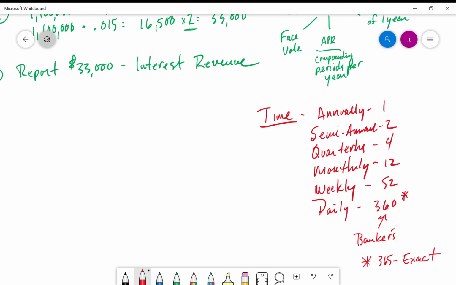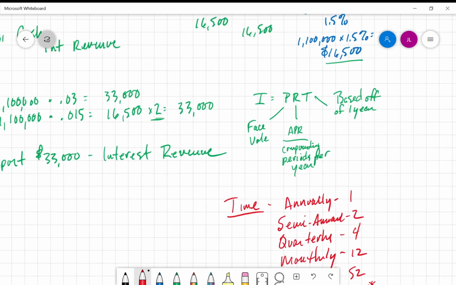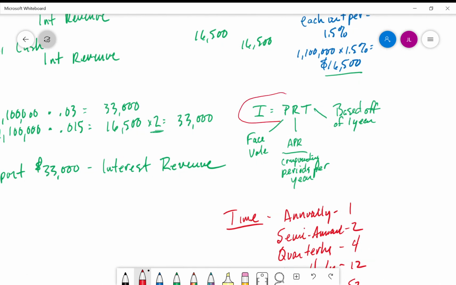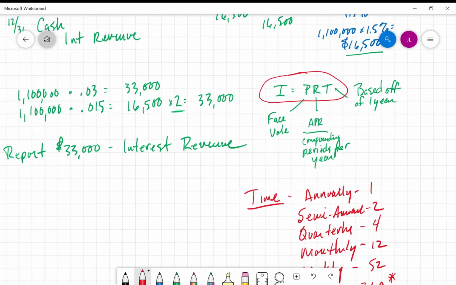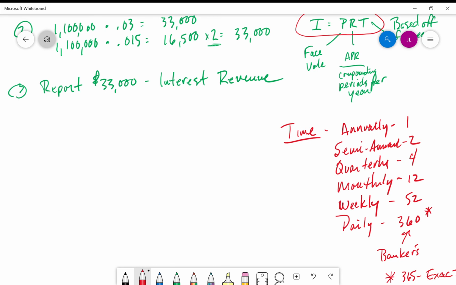So our time frame is going to depend, and remember always when we're doing time frames in regards to our interest equation, when it comes to time, always use a fraction, never use a decimal. If we're doing this for 7 months, we would have a time frame of 7 over 12.